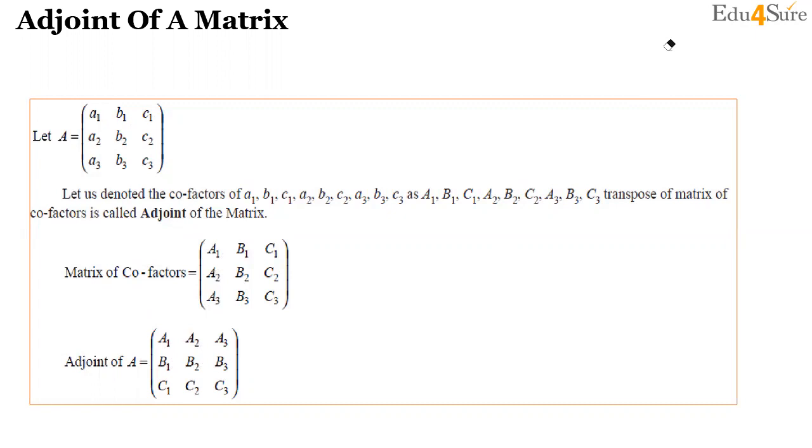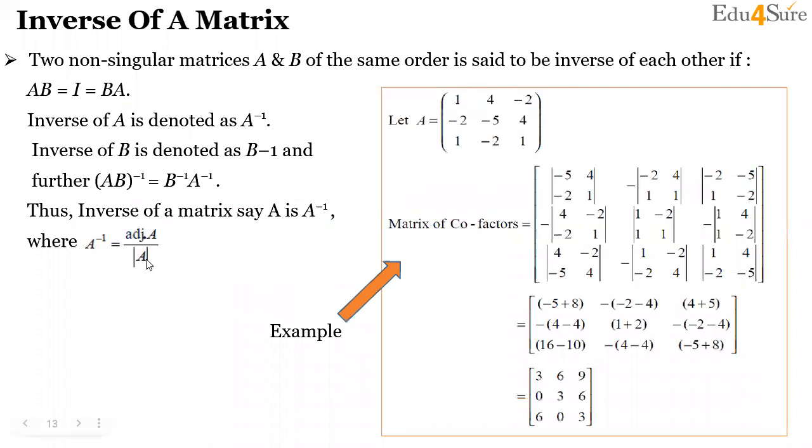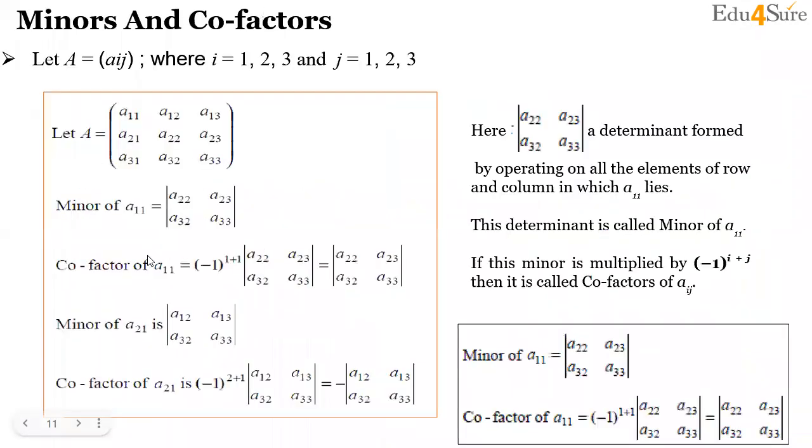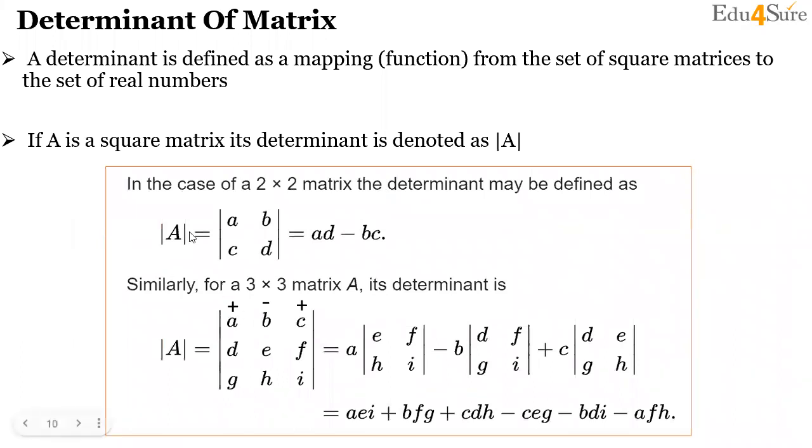So let's come to the inverse part that we were talking about. In order to find the inverse, what do you require? The adjoint of that particular matrix A, and then mod of A, which is the determinant. If you remember the determinant part, I explained how you represent the determinant of a matrix.